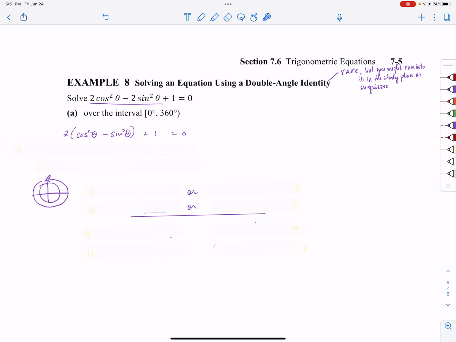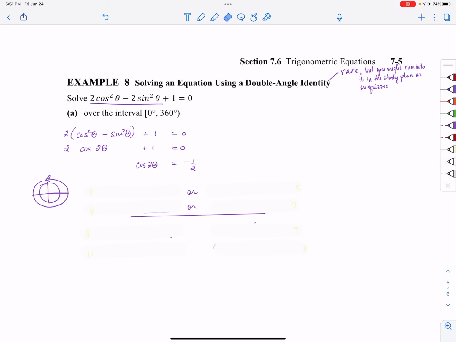And then on the inside I could use my double angle identity and turn this into a cosine double angle. So that was what I did next, cosine double angle. And now I only have one single trig function, so I can isolate that one single trig function by subtracting 1 and dividing by 2.